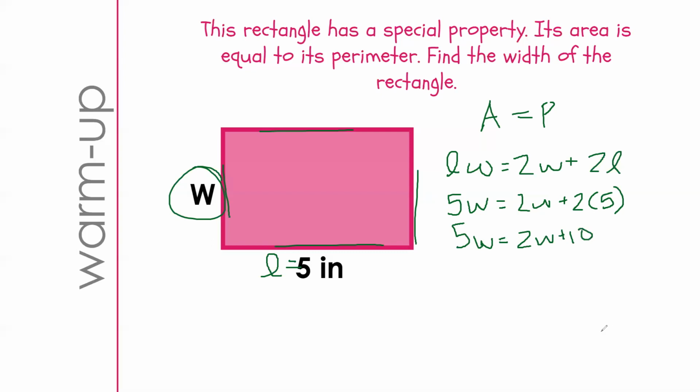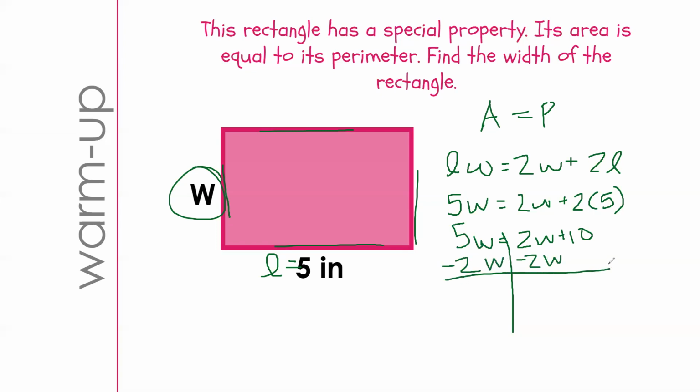And now it looks like a formula that we would have had when we were simplifying equations with variables on both sides. So I always like moving the smaller one or moving the side that has more junk on it. So this side has more junk, so I'm going to move that 2W over to the other side.